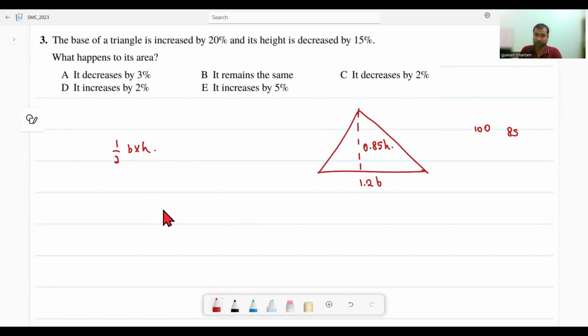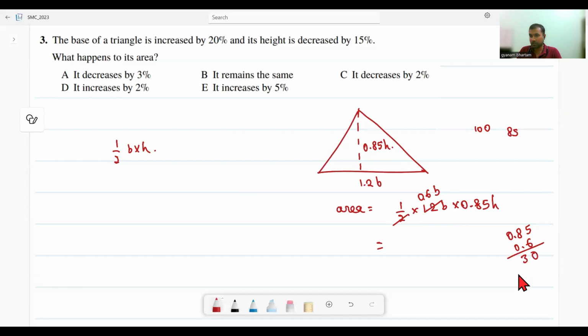So the new area is going to be half times 1.2 B into 0.85 H. And if you multiply 0.6 and 0.85, we get 0.51, three decimal places.